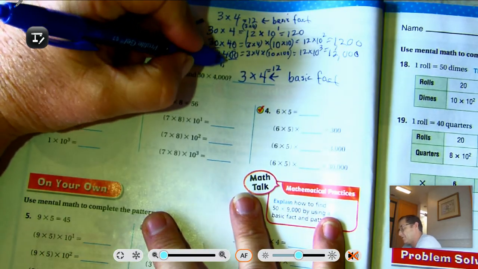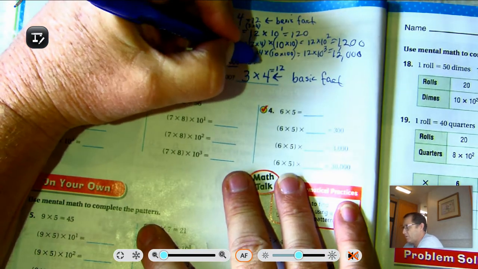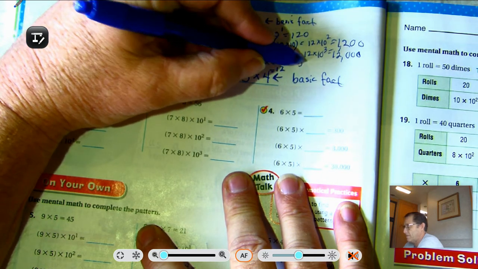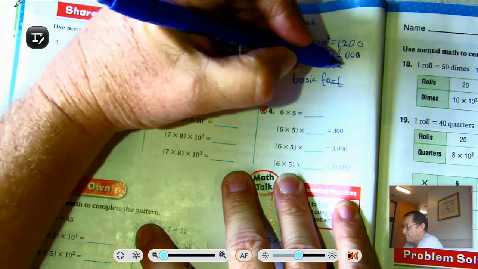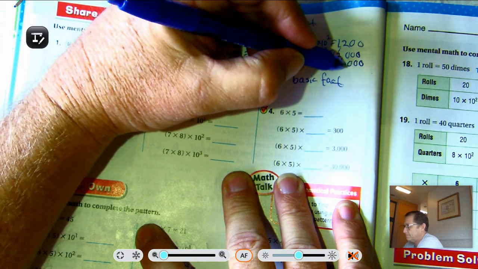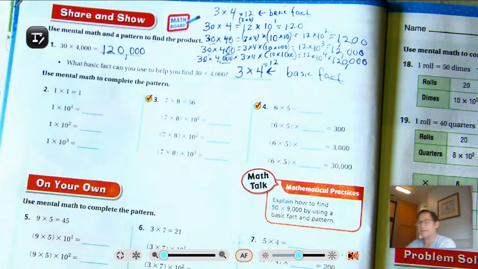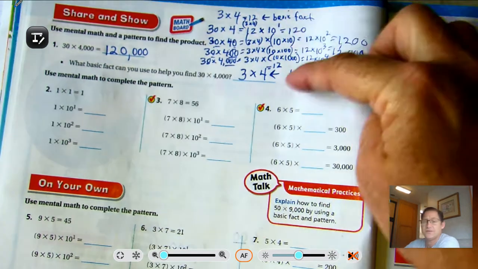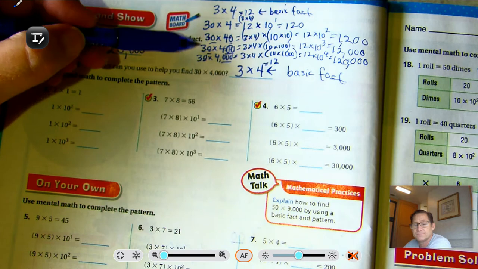And finally, if we just look at the actual problem, 30 times 4,000, we'd have 3 times 4 times 10 times 1,000, which would be 12 times 10 to the fourth. So 12 followed by 4 zeros. So 120,000. Okay, so do I have to use this pattern? You don't have to go through all those steps.